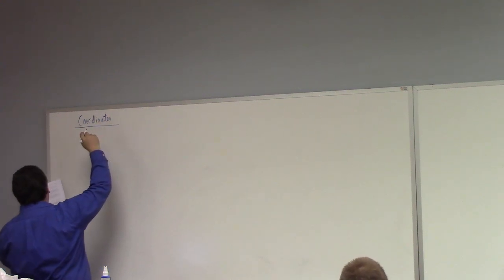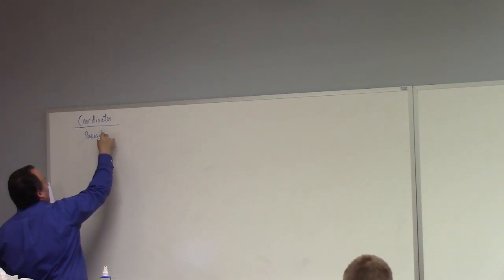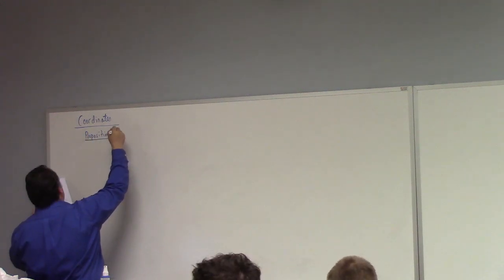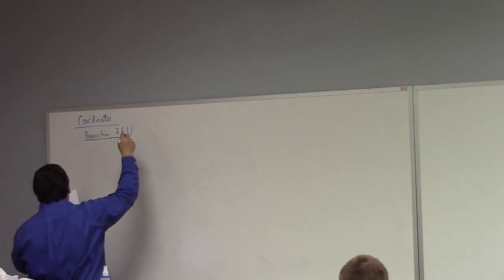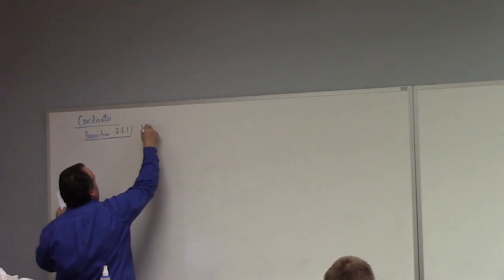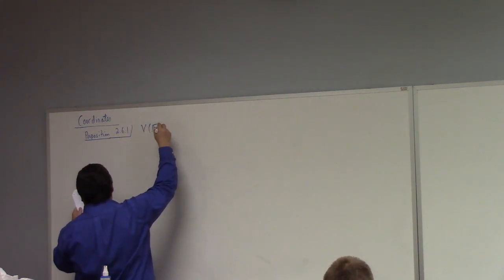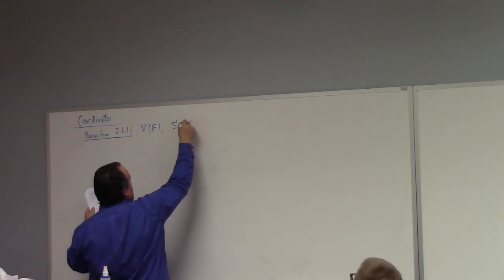And start with a proposition. So this is proposition 2.6.1 in my notes as they're currently existing. And so we have a vector space over a field F, and we have S is a subset of the vector space.